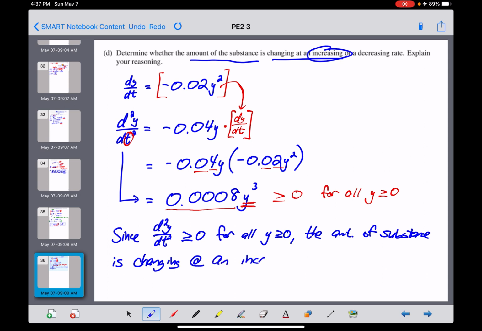At an increasing rate, because we found the derivative of the rate of change function had to be positive. All right, and that's part D, so that takes us through everything we needed right there for problem number 5.